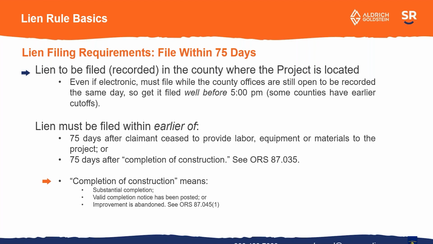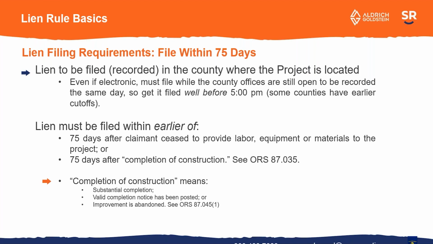Many times people will come on day 70 or 74, and sometimes you can still file it, you can pull it off, but anytime you're right up to that 75-day deadline, you're just giving the owner, I think, an excuse to fight the lien rather than just pay it.